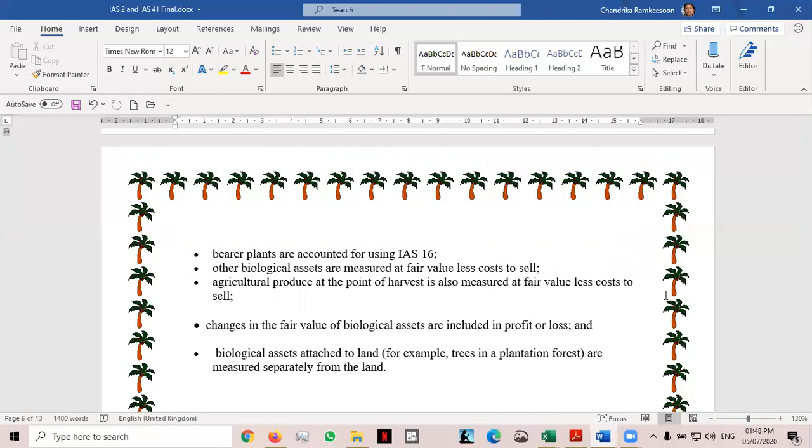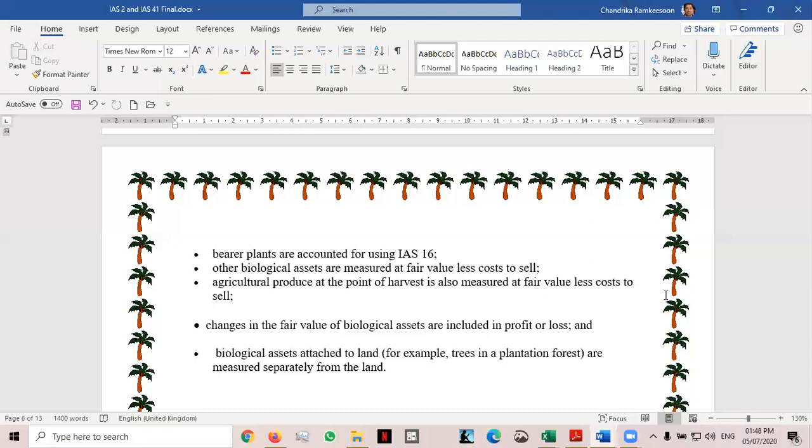Changes in the fair value of biological assets are included in P&L if the value changes. This is similar to revaluation, let's say, or an impairment, except that the changes must be shown in the P&L, right?